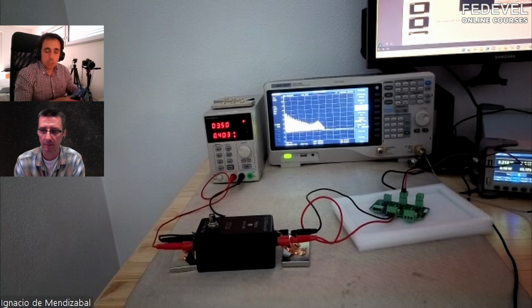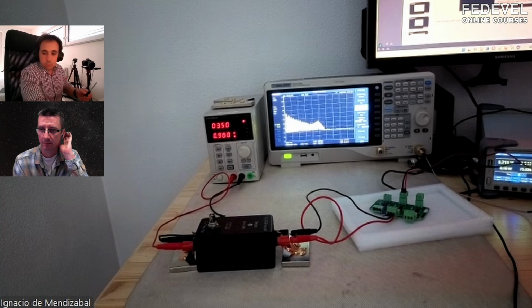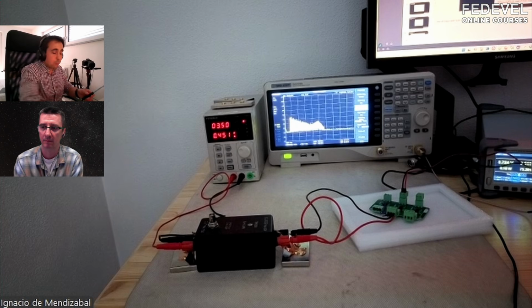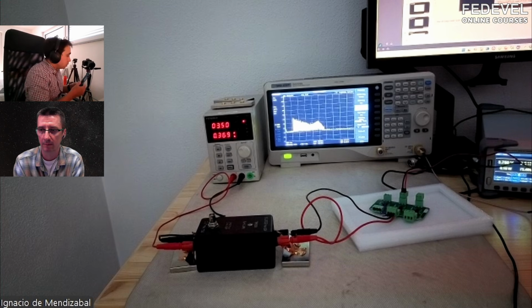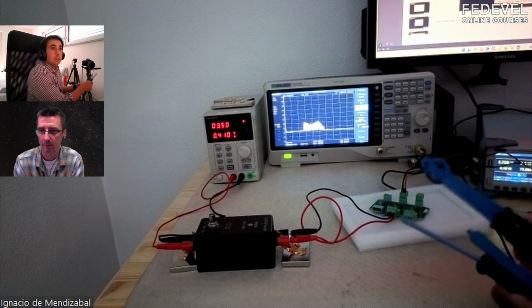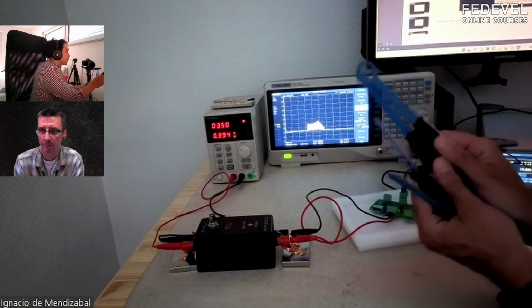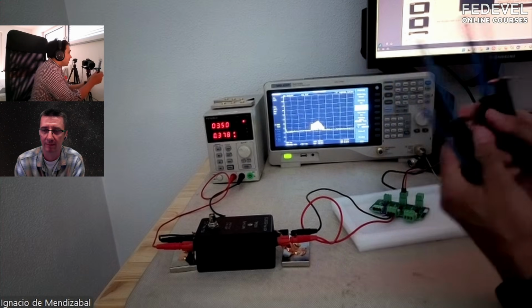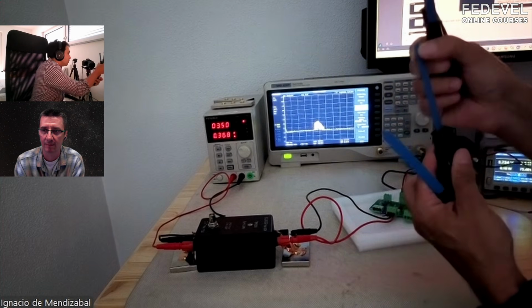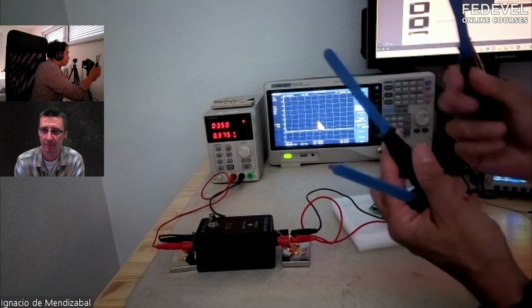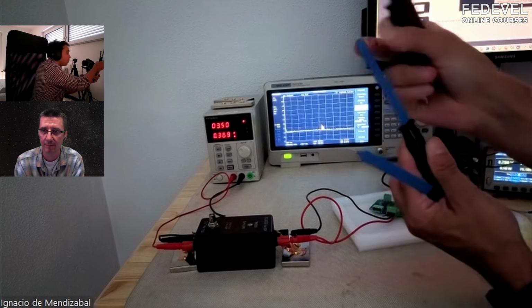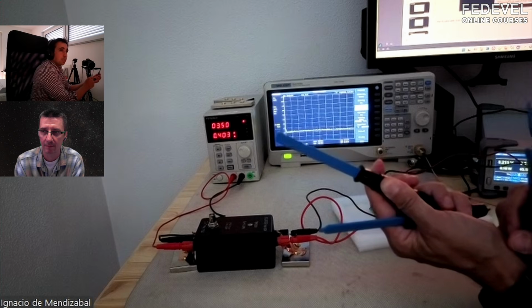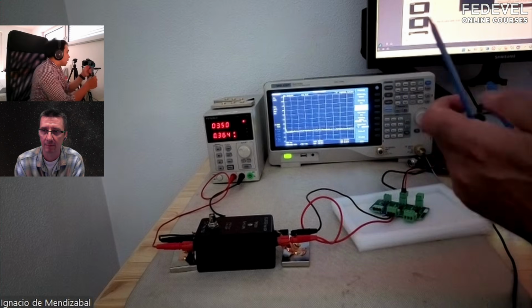I think we have talked a little bit about why there are different sizes of probes, for example, and those two are clearly near field probes that are different. This one, even if it seems an electric probe, is a magnetic probe, but it has a really, really small circle. And this one is an electric probe.